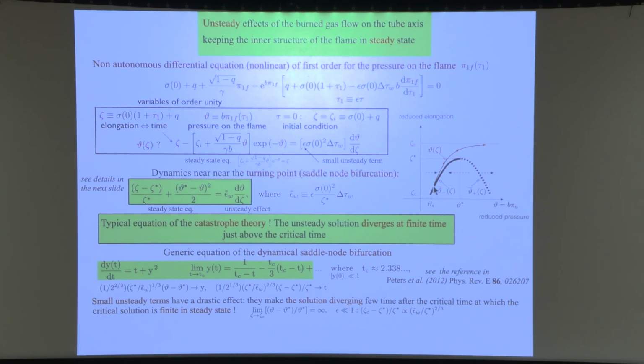And here in black, you have the quasi-steady solution. In red, this is the solution including the small unsteady term. And you see it is drastic, because now the solution nu diverges at a finite time, just for a time a little bit larger than the critical time.